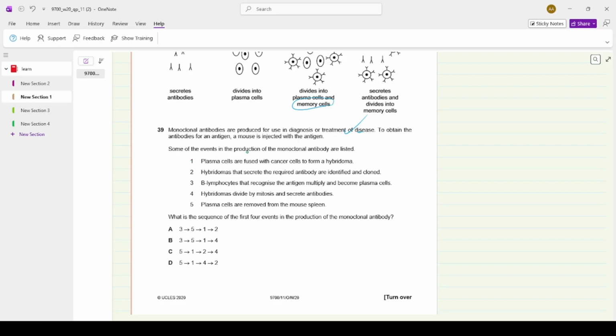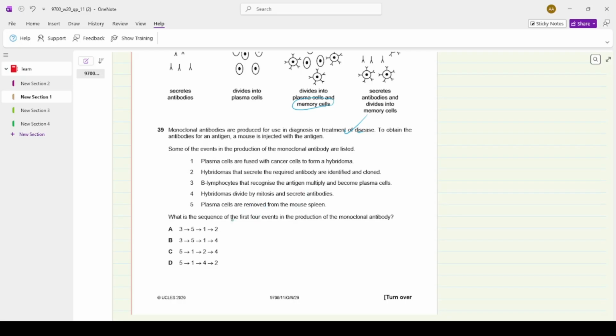Some of the events in the production of the monoclonal antibody are listed. 1, plasma cells are fused with cancer cells to form hybridoma. 2, hybridoma cells that secrete the required antibody are identified and cloned. 3, the B lymphocytes that recognize the antigen multiply and become plasma cells. 4, hybridoma divide by mitosis and secrete antibodies. 5, plasma cells are removed from the mouse spleen.